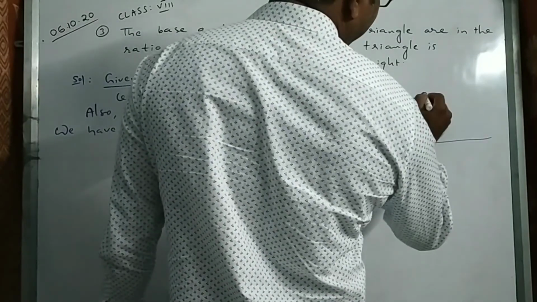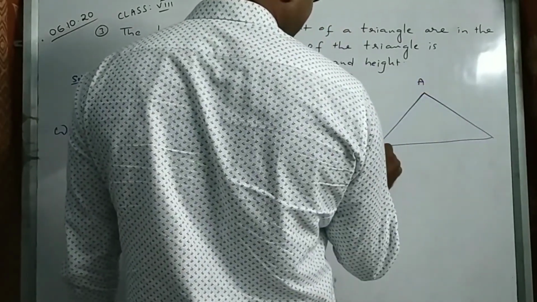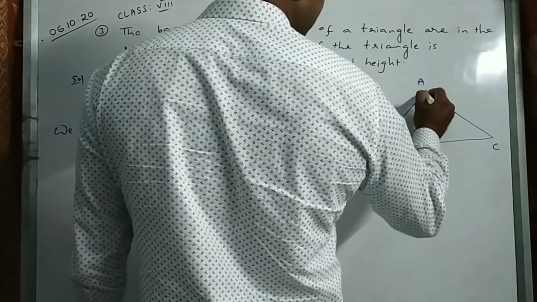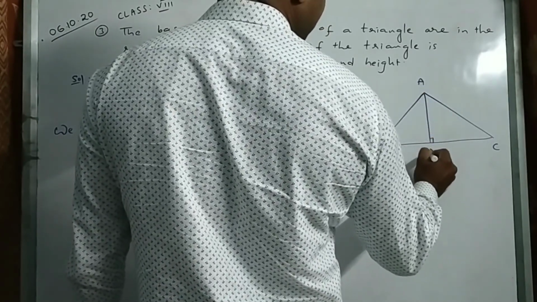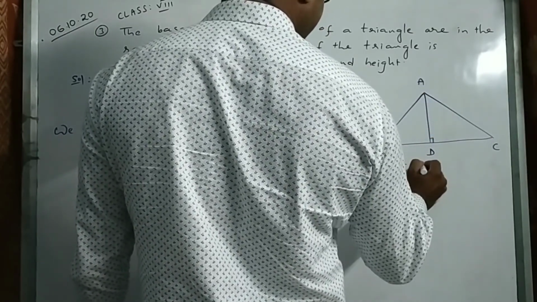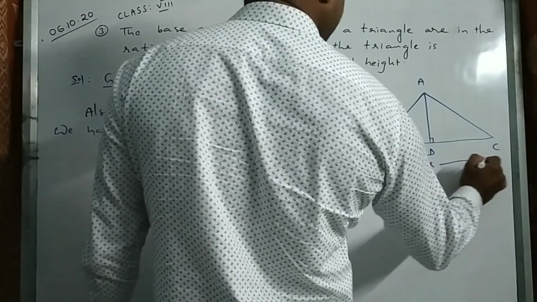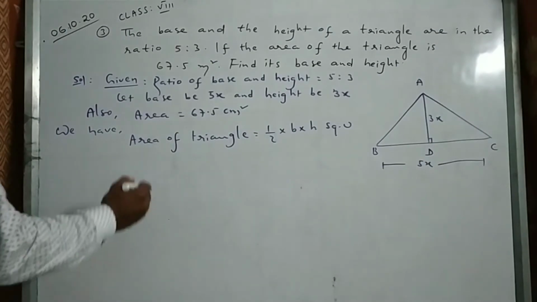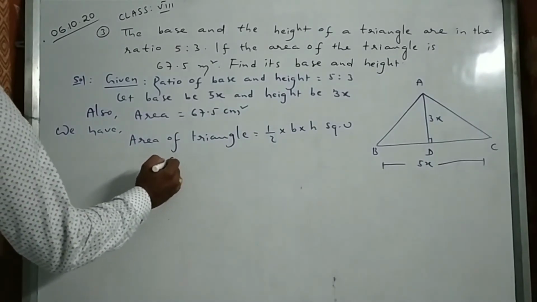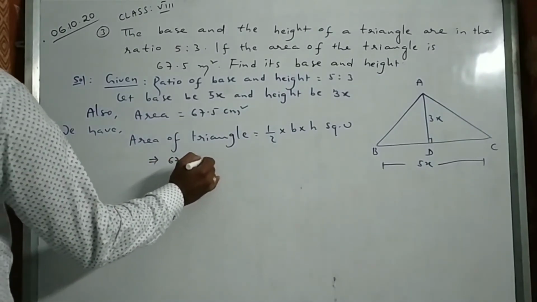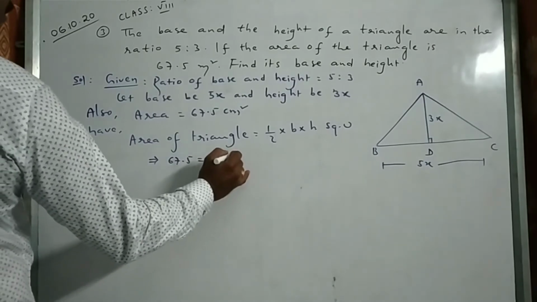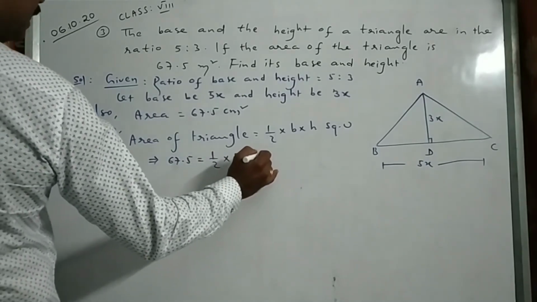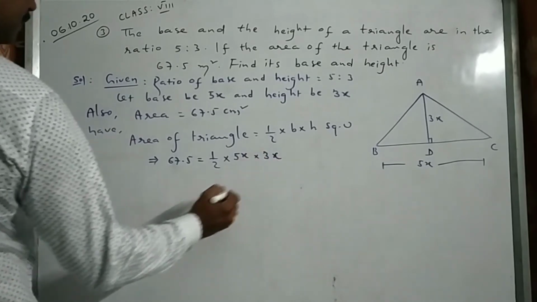When we are given the triangle like this, A, B, C, this is the height. So we are given the base here 5x and height 3x. So area is given as 67.5 equal to half into base 5x, height 3x.